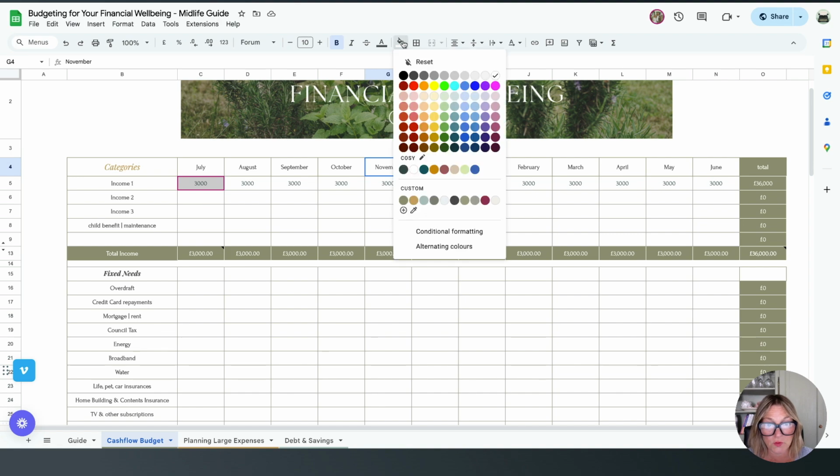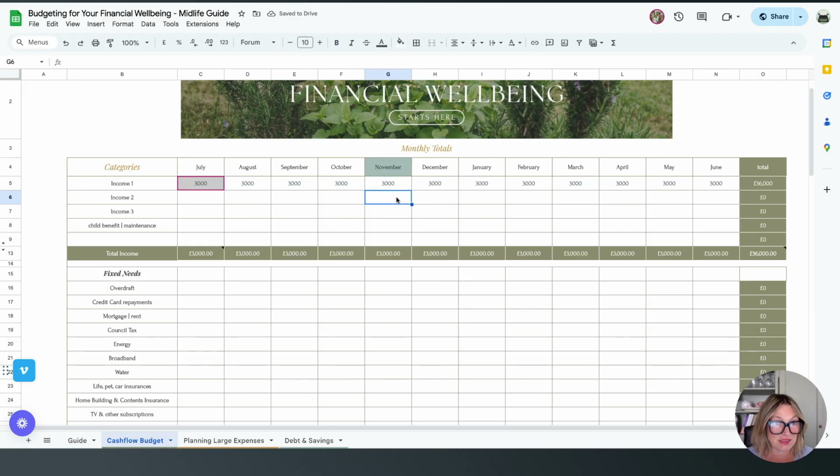You might want to change it from white to something else, so it reminds you that that's a 5-week month. That can be really useful both in terms of managing your income, but also your outgoings, because when it comes to food shopping, fuel, whatever it might be, you've got another week to jam in there in order to make ends meet. So now you've got your 5-week months highlighted.